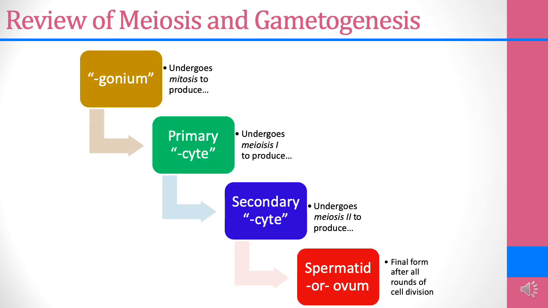The ovary, of course, is the site of oogenesis, the production of egg cells. Oogenesis follows the same gametogenesis pathway that we looked at in the male on the last lecture.